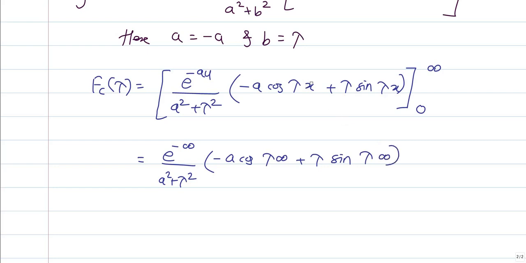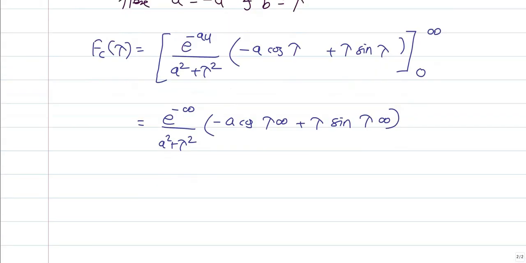In place of x it is u. Our variable here, while integrating, we are integrating with respect to u. Okay, so minus e raised to 0 upon a square plus lambda square into minus a cos of 0 plus lambda sine of 0.